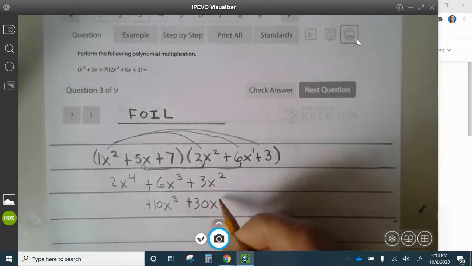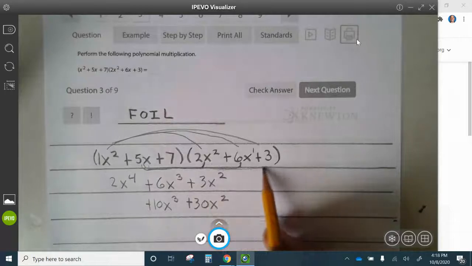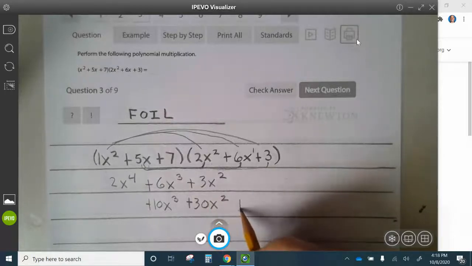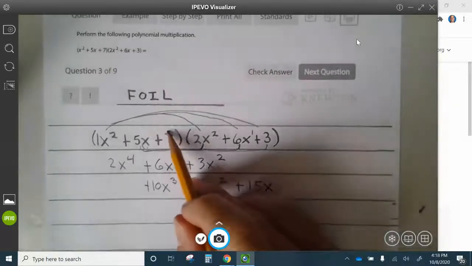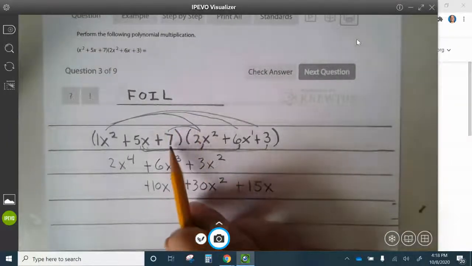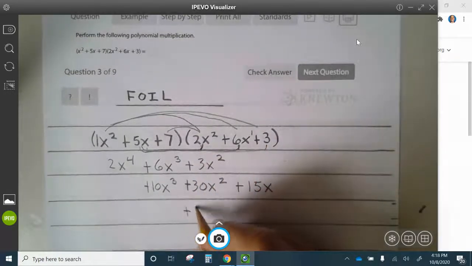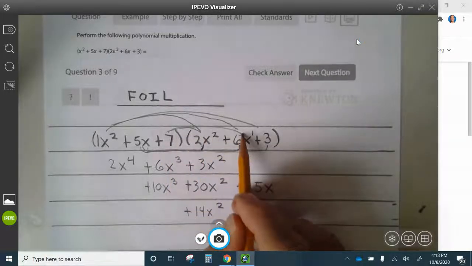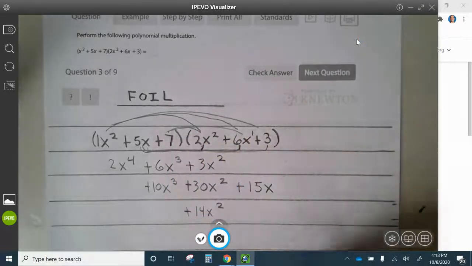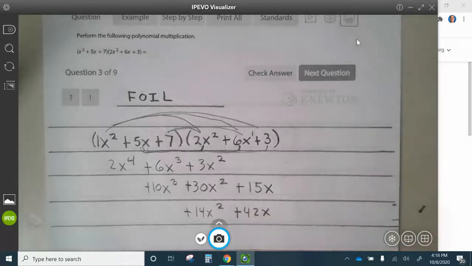And then 5x times 3 is plus 15x. And then last, I'm going to multiply 7 by 2x squared, so that's plus 14x squared. 7 times 6x, so that's, let's see, 42x. And then 7 times 3 is 21.